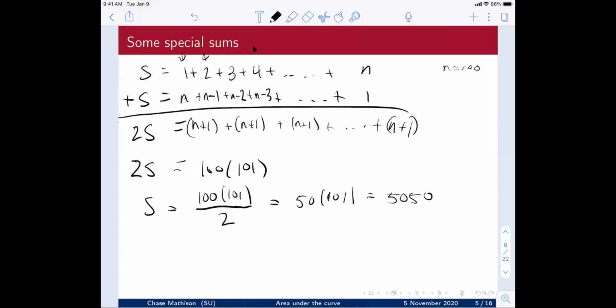Then I can come down here and change 100 times 101. Now I'm working with a general n. I've got n plus 1, and there are n of them. So we have 2 times S is n times n plus 1. And so the proof for the general n is n times n plus 1 divided by 2.